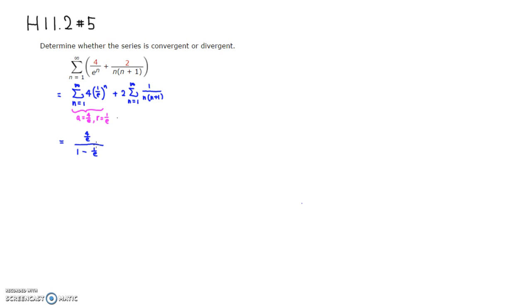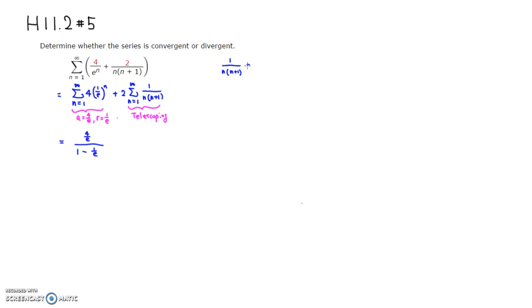And if you look at the second one, this is actually a telescoping series. So we need to find the partial sum first, but before that, maybe we need to do a partial fraction here. I'm going to look at 1 over n times n plus 1.